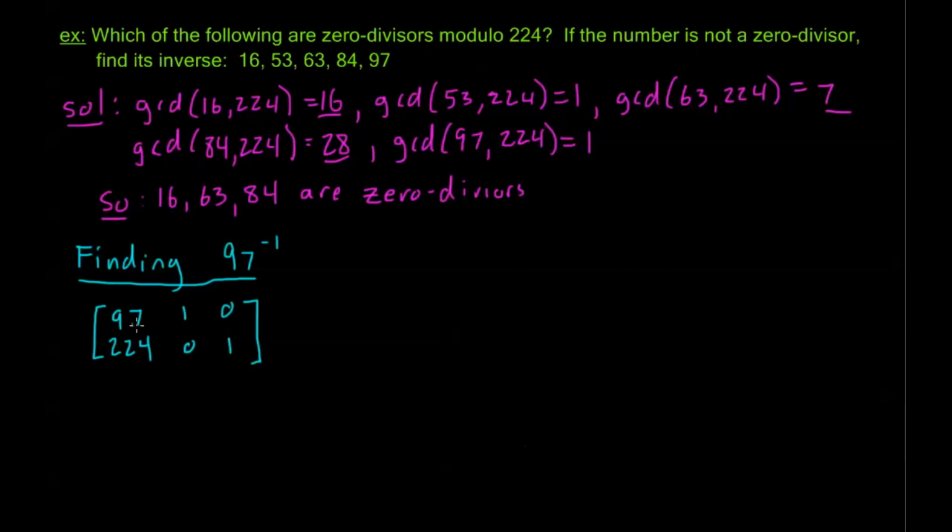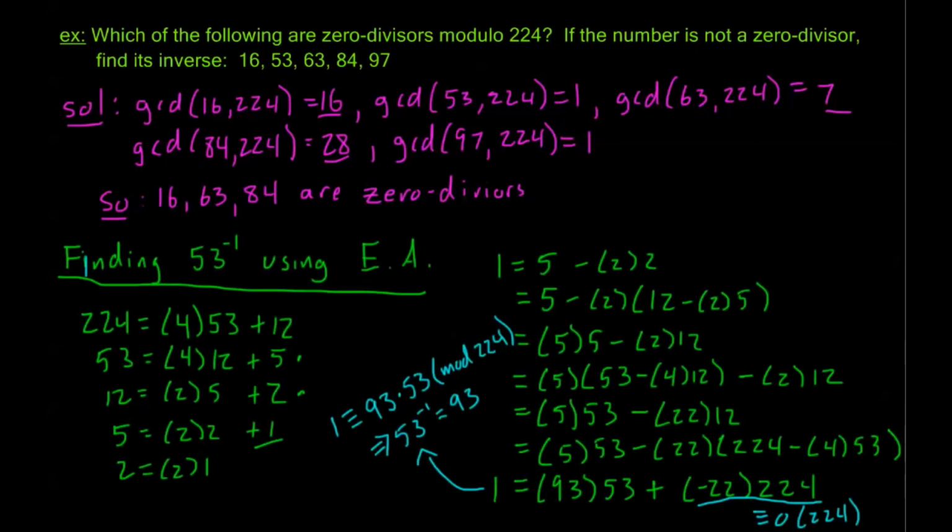So it just means 97 equals x, or a, 224 equals b. So here I'm going to do my division, my Euclidean algorithm, and on this side it's going to create my linear combination. But remember before, when we just did 53, I didn't need this part here of my linear combination. This part of my linear combination is congruent to 0, and it's always going to be. And I don't need to really worry about it.